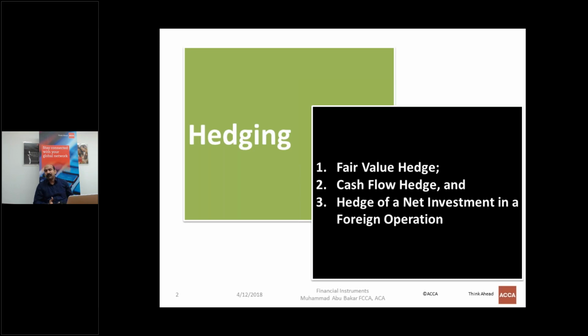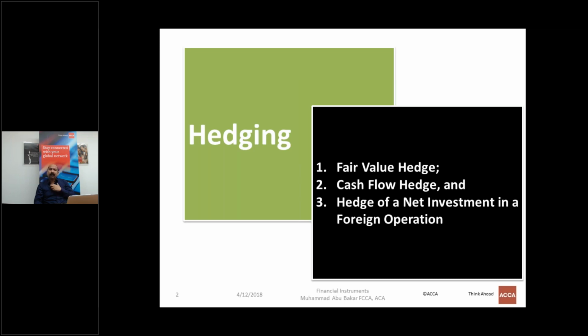Similarly, there could be a situation where you have a loan at a fixed rate, but you are afraid that in the future the interest rate falls, and those future interest rates may be below your fixed interest rate, in which case you are paying interest at a higher rate than the prevailing interest rate in the market.